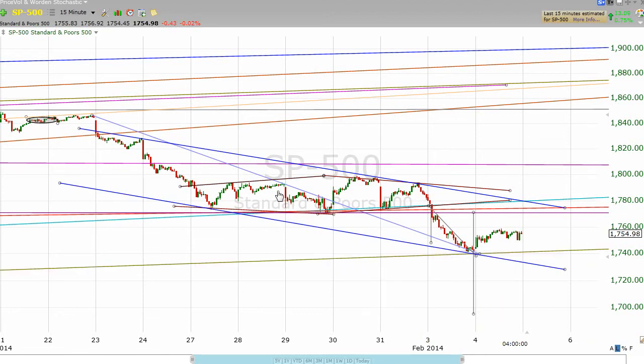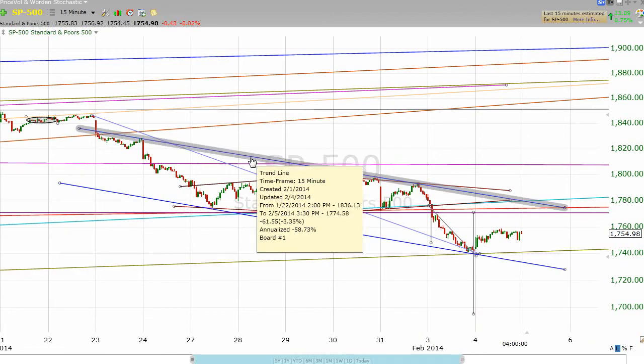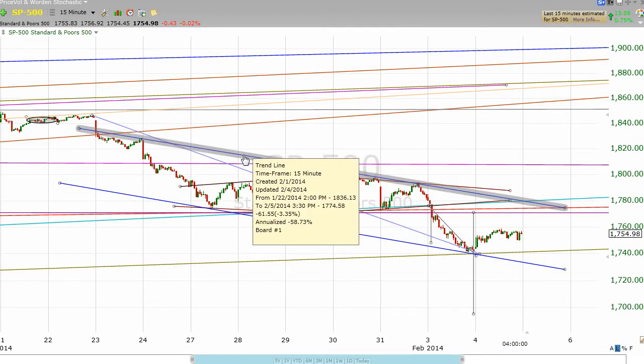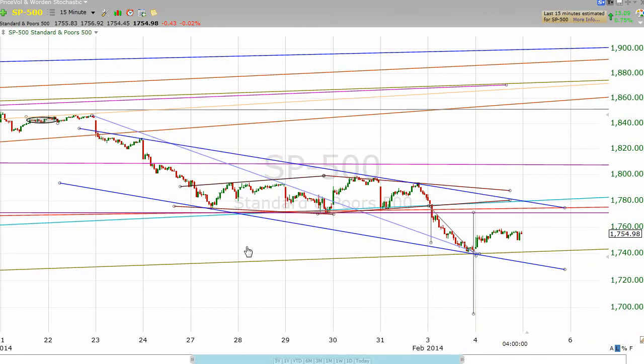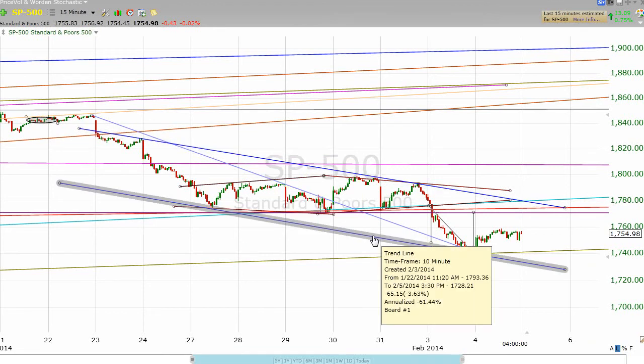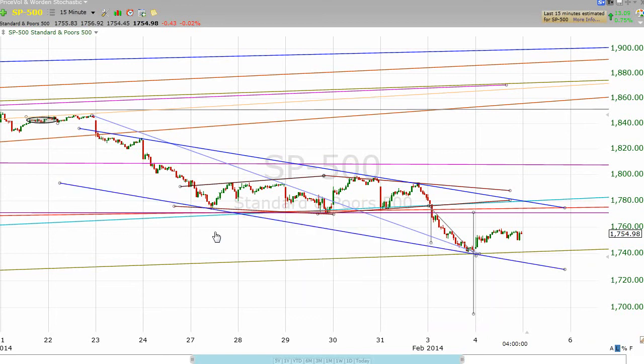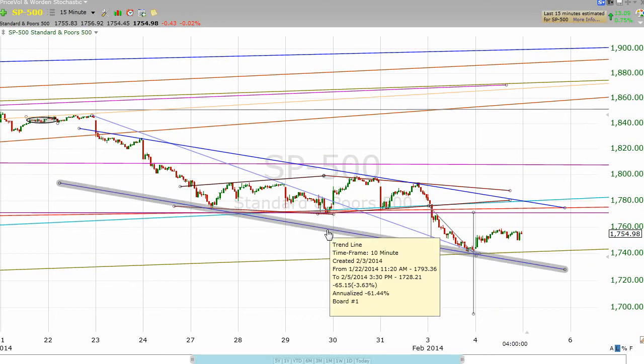Okay, so we had a top line that we knew we could pretty much count on because we had 1, 2, 3 solid tags on this line, and each time the S&P sold off. But yesterday when we put this on the chart, all we had was the low of the 27th. But we put it there anyway.